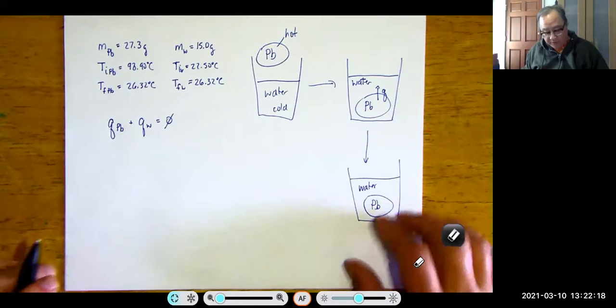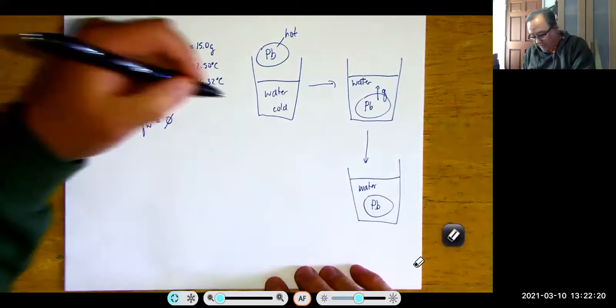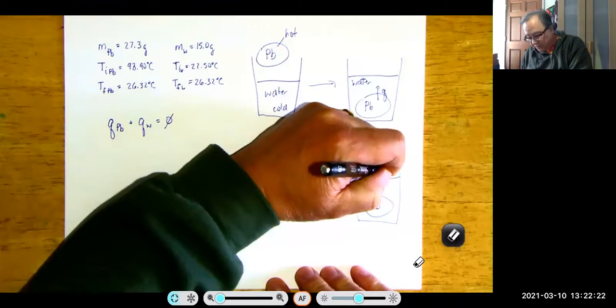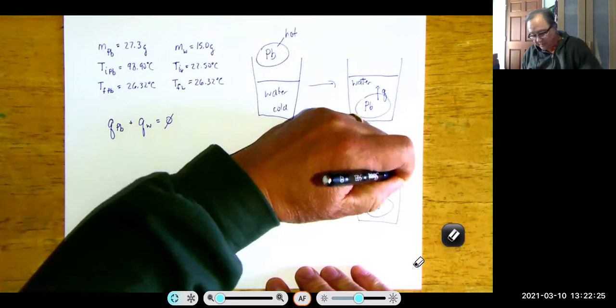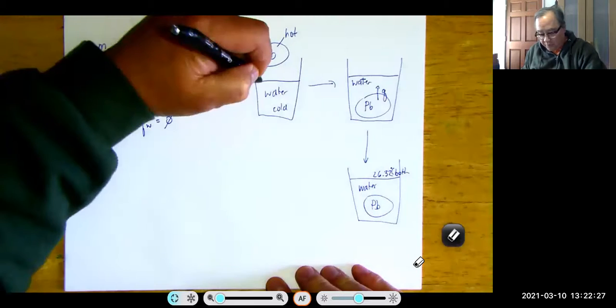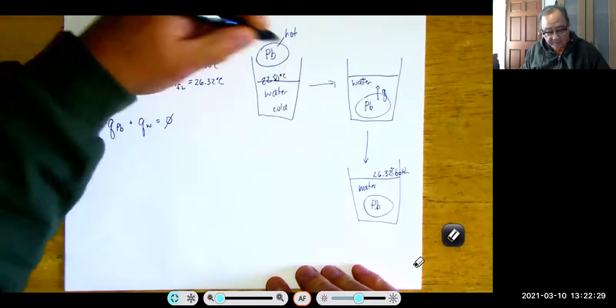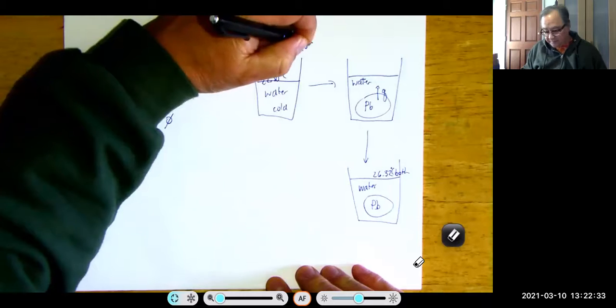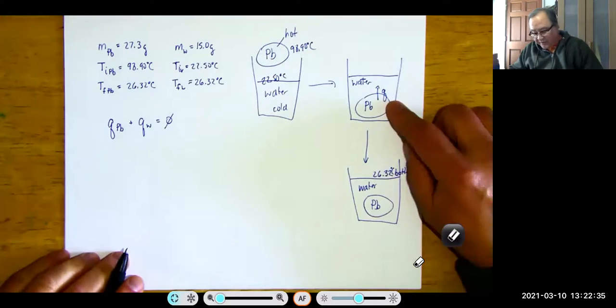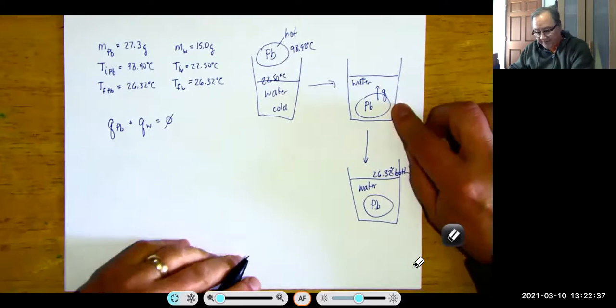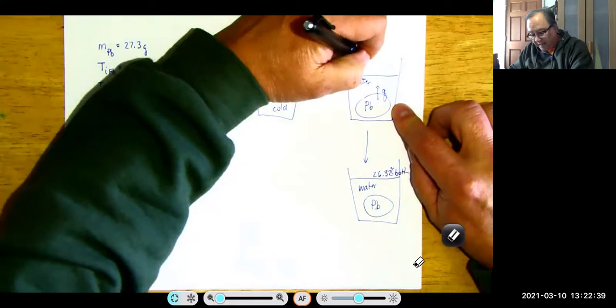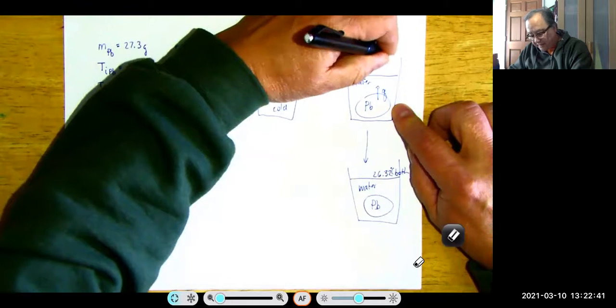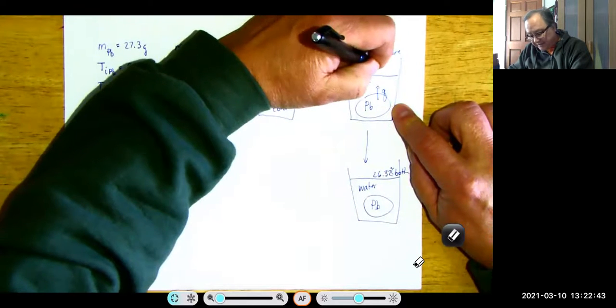All right, so if I wanted to put in some more, I'd put in 26.32 for both here. And I put 22.50 here and 98.90 here. And then here, we're going to say that this is the same as before, because this is the instant they mix.